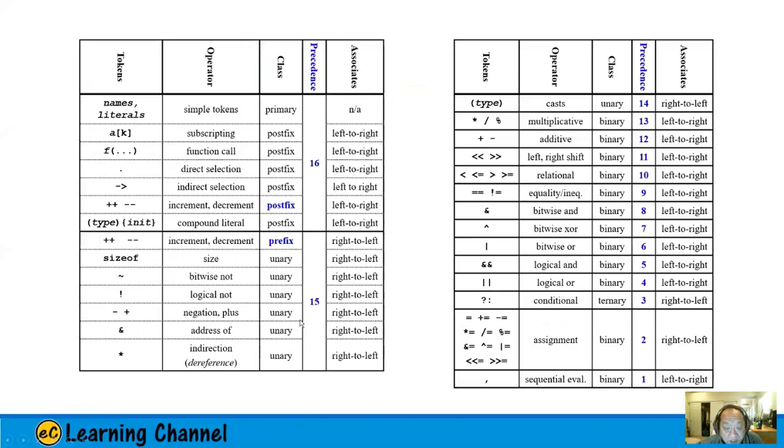There are a total of 16 different levels in C and C++, and C++ probably is the language with the most levels, and Python instead has fewer. Java also has fewer. As for which one takes over which one, it's just a table here. You can come back to look at this table. Okay, that's it for this chapter.